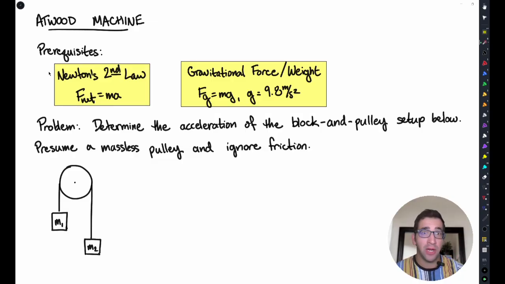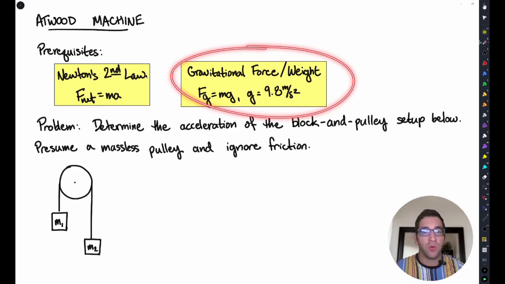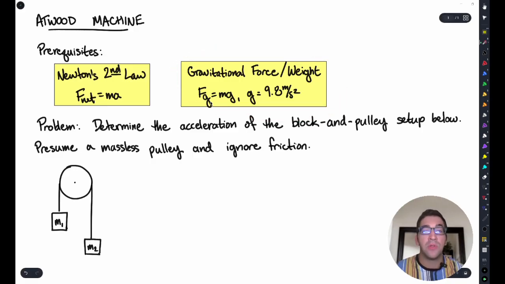And the second prerequisite is the formula for the gravitational force, also known as weight. The gravitational force is equal to the mass of an object times the gravitational acceleration, which on Earth is 9.8 meters per second squared. We'll use those facts for this problem.